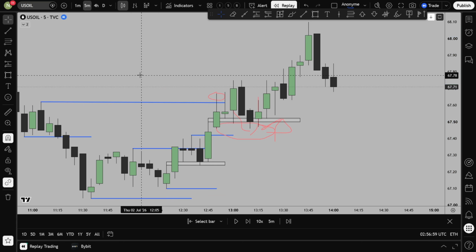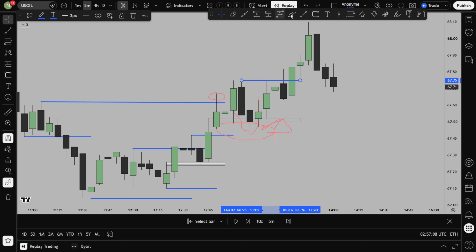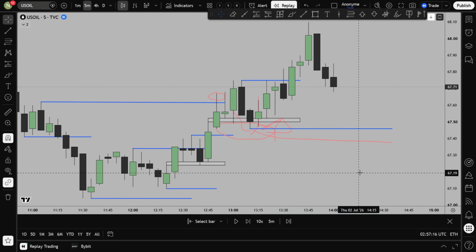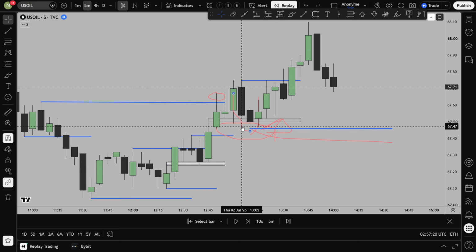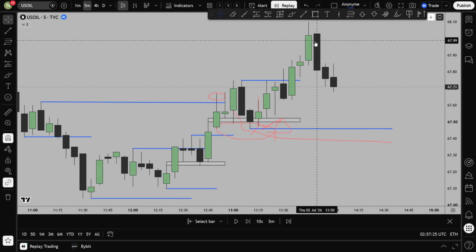And now we could see something happening in here. So we had our break of structure, and we have our change of character. We can see that all of our pullbacks are 2 to 3 candles. 3, 3, 2, and here 3.